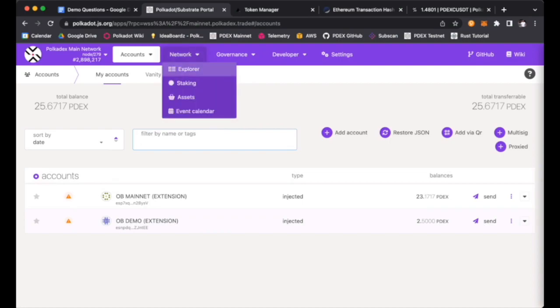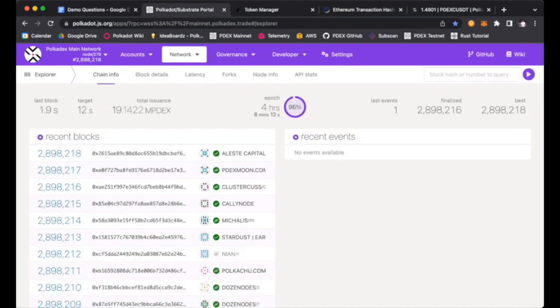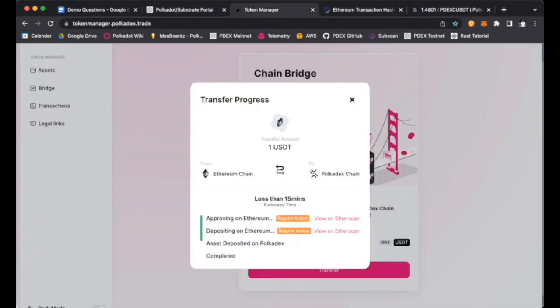If you go to the Polkadex Explorer, you should be able to see this transaction as soon as it is deposited. Give it about 30 seconds more. But yeah, to reiterate, it's just 2 simple steps really to use the bridge.